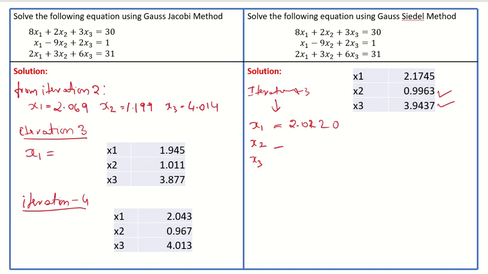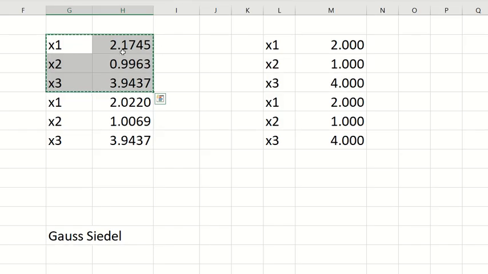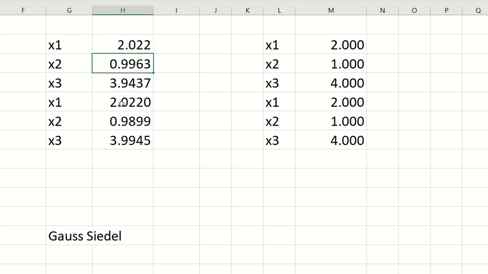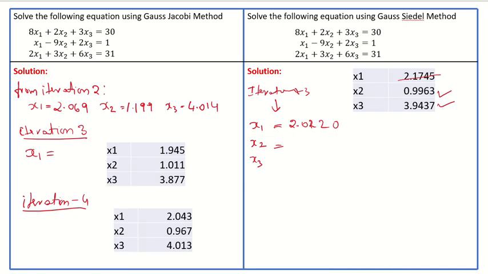2.0220. Okay, so you are going to get the value of x1. Now what happens? This x1 is replaced with the 2.0220 to find out x2, and you are going to get the value of x2 as 0.9899.